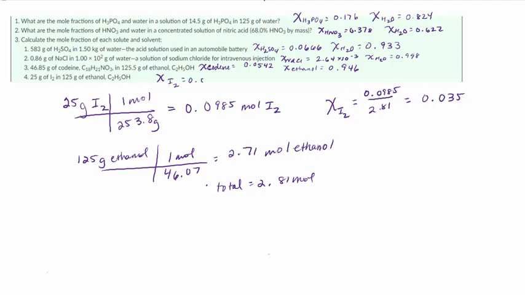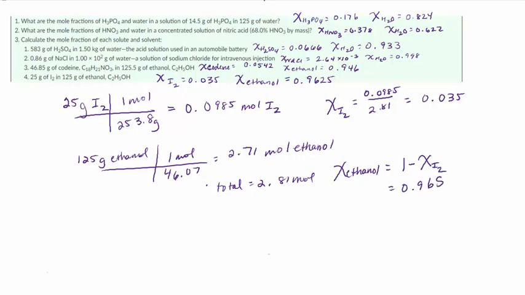So that makes my mole fraction of ethanol 1 minus this value. So I get 0.9625. And just to show you how this works, so my mole fraction of ethanol, I'm just going to review this real quick, is 1 minus the mole fraction of iodine. And that's where I get my 0.965. I think I put a 25.